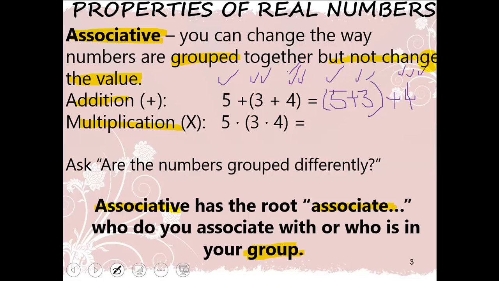I haven't changed their order, just where those parentheses are placed. And I can do it for multiplication as well: 5 times 3, times 4. The associative property changes how they are grouped.